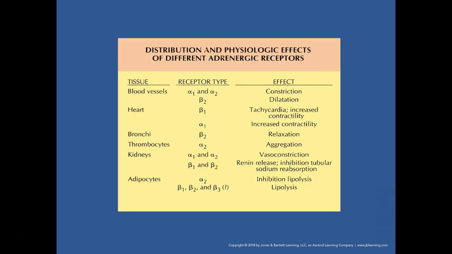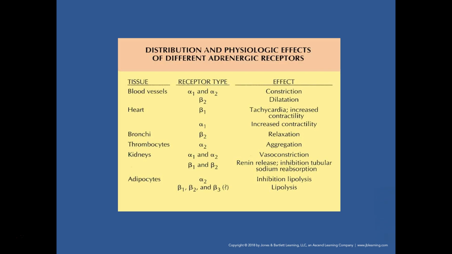Okay, here's kind of a chart that breaks that down a little bit more. It gives a little bit more specific information on where the alphas and betas affect. But remember, these are all sympathetic nervous system reactions. We're causing a stimulation of the sympathetic nervous system. We just break it down further into alpha and beta, and then further down into alpha 1, 2, beta 1, 2.